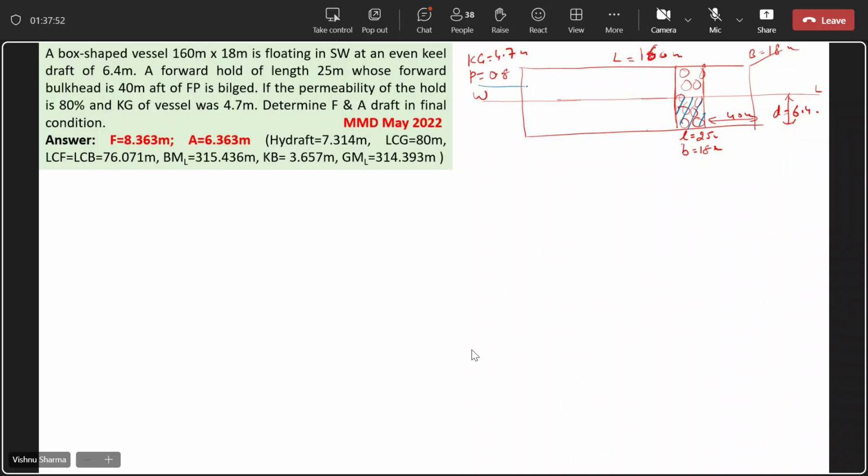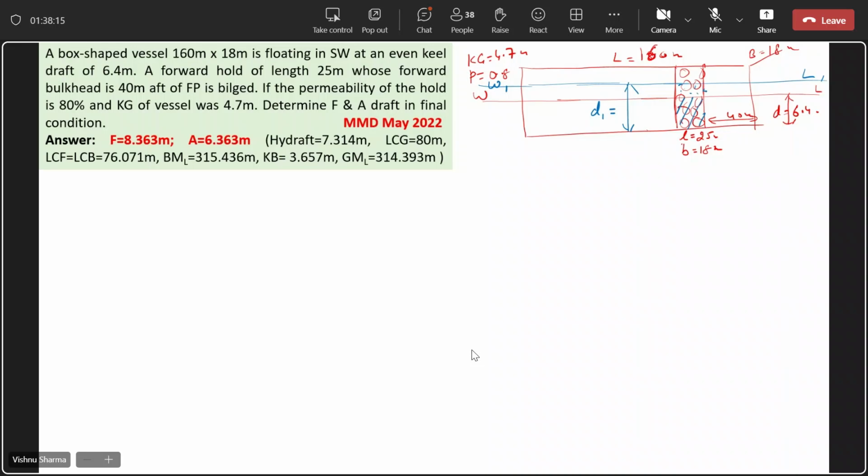You can draw even keel W1 L1, no problem. And this will be your D1 wherever you want to mark. Doesn't matter, guys. As I said, it's an even keel draft you're marking. Will the water rise between WL and W1 L1? Yes or no? Yes, sir. Very good. And do the needful.